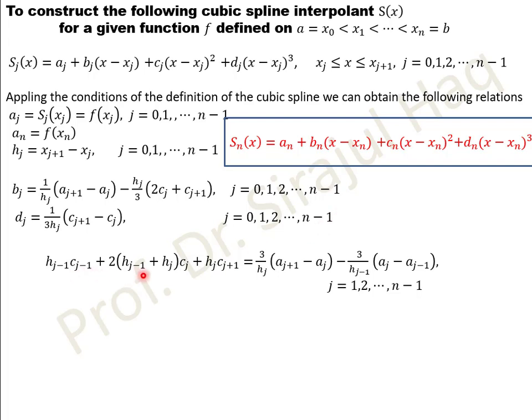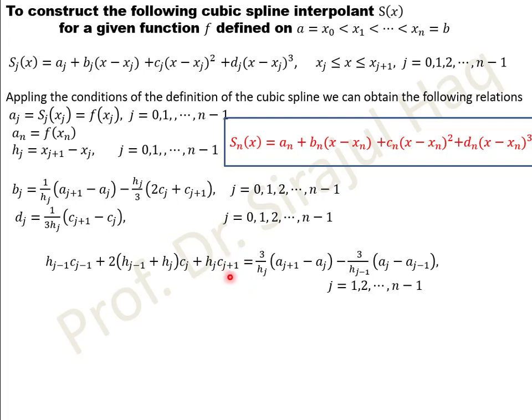Now let's focus on this equation. There are n minus 1 equations. Unknowns are, when j is equal to 0, you need c naught. So of course, the starting value is c naught, which is clear from this spline also. Similarly, if I proceed, j is equal to n minus 1, cn.